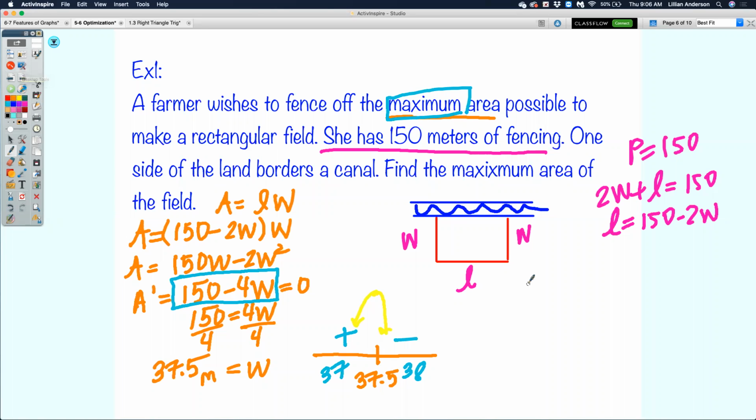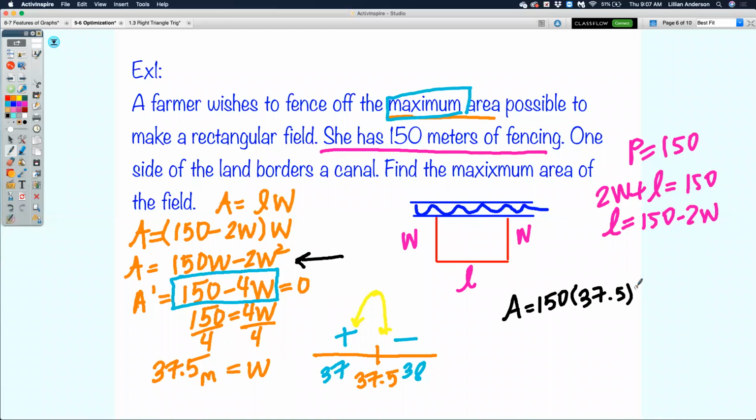So now that I have the measure of my width, I'm able to answer my question, which says find the maximum area. Remember, we found the equation for area in terms of W, in terms of our width. So to find our maximum area, we would just plug in the value of W, and then we'll have our answer.